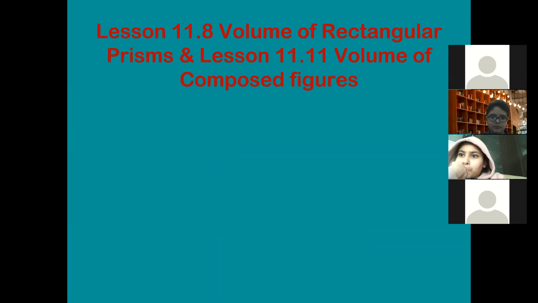I'm combining two lessons today: lesson 11.8, which is volume of rectangular prism, and lesson 11.11, which is volume of composite figures or composed figures.